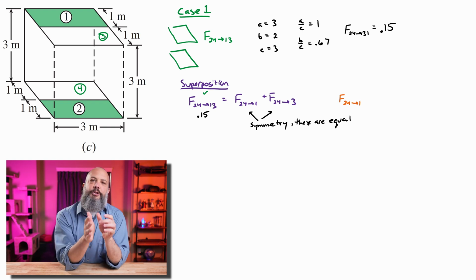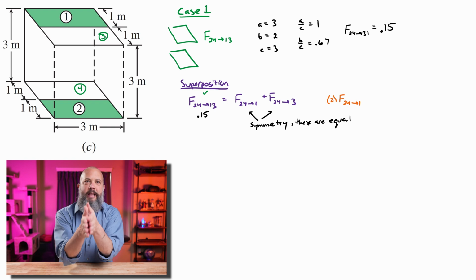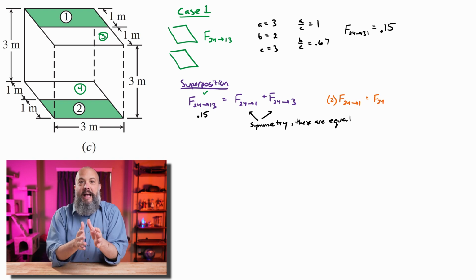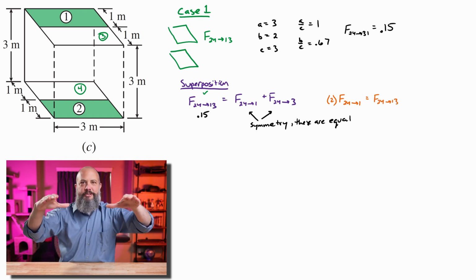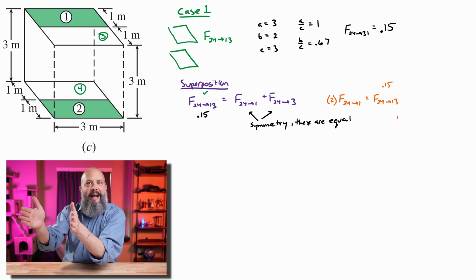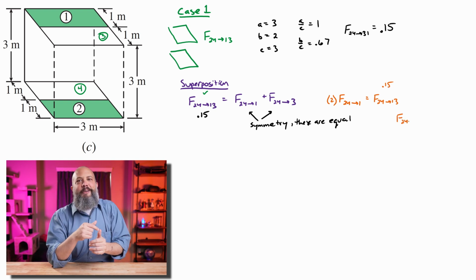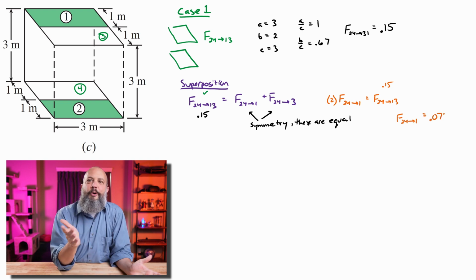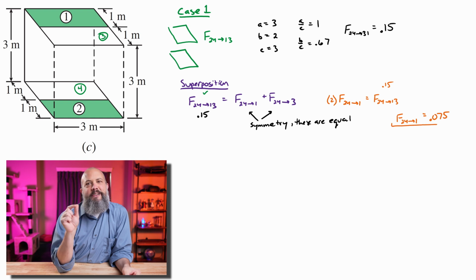The division between 1 and 3 is right directly in the middle above section 2,4. So half of the radiation that hits the whole surface is going to hit half, and the other half will hit the other half. So F24 to 1 is just going to be half of F24 to 13, so 0.075.